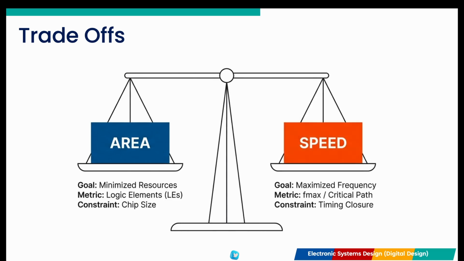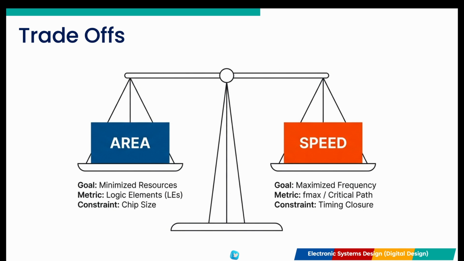And secondly is the speed, the performance. The goal is to maximize operating frequency. The metric normally associated is Fmax, or maximum frequency. It is also related to critical path delay, and the constraint is always timing closure. We want our design to run as fast as possible.